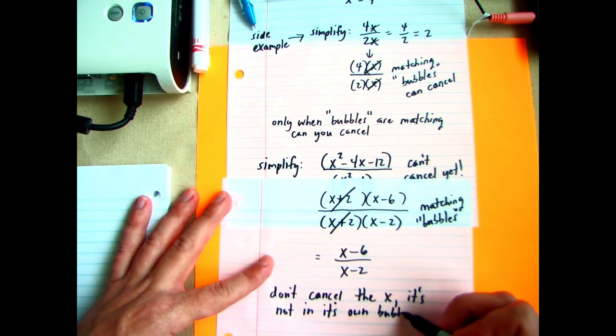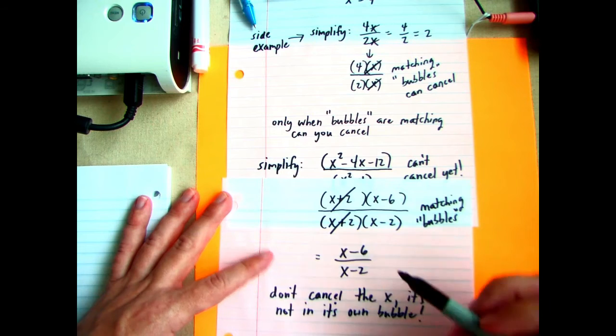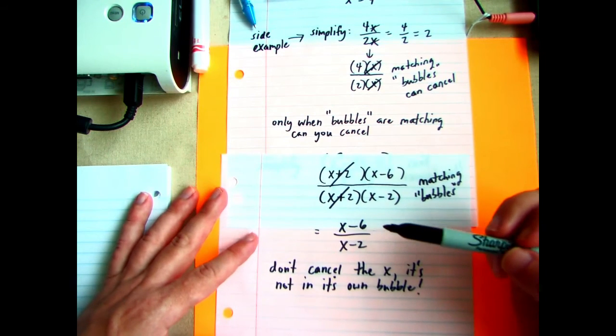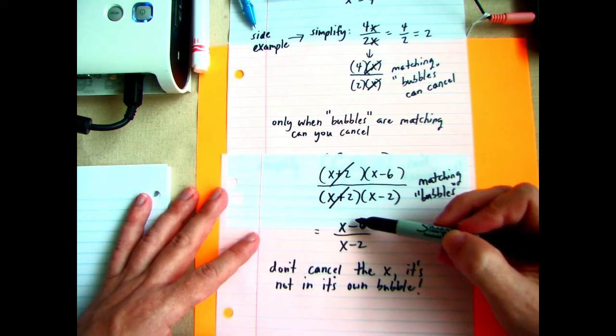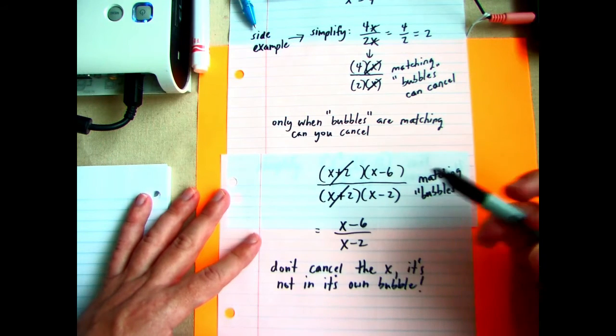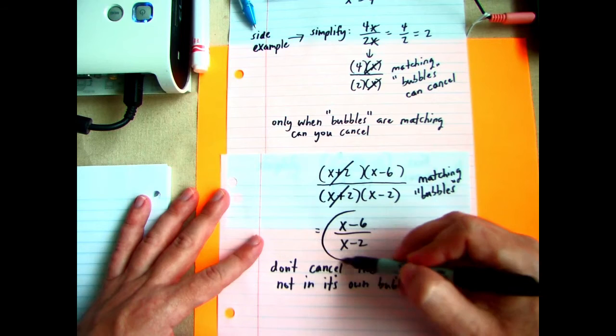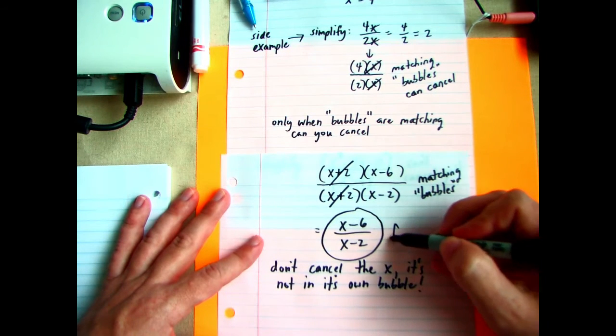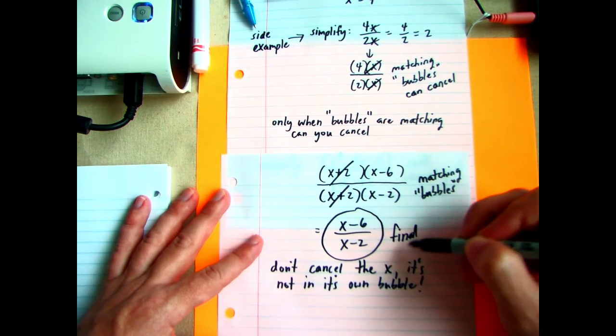So please don't get the impulse to cancel x's here. Nothing can cancel. So this is our simplified answer. We can't do anything else to simplify, so we can bubble this, we can circle it. That is our final simplified answer.